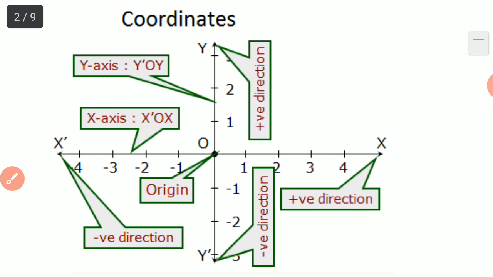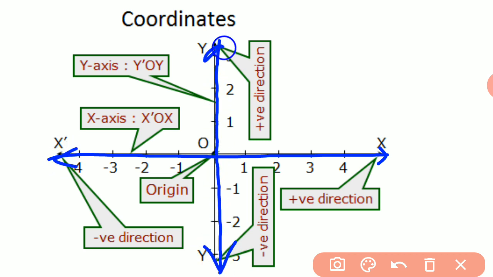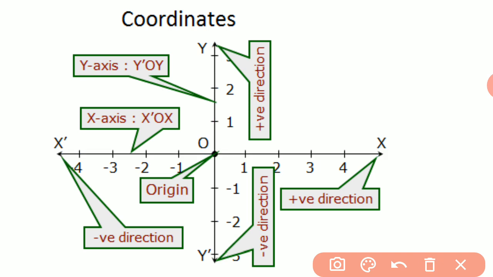Here this horizontal line is known as the x-axis and this vertical line is known as the y-axis, and the point of intersection, this point O, is known as the origin. The origin is denoted by O, and the coordinates of the origin are 0, 0.